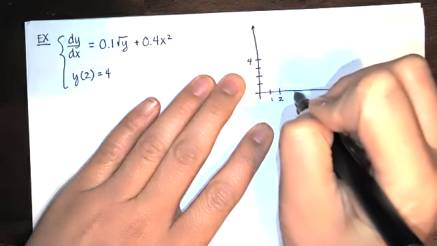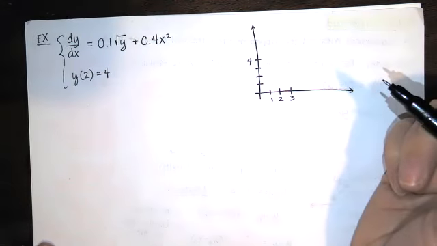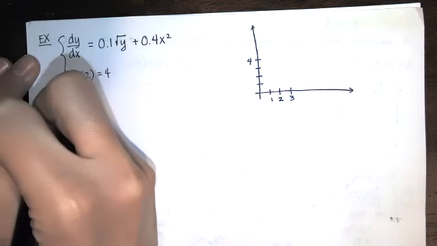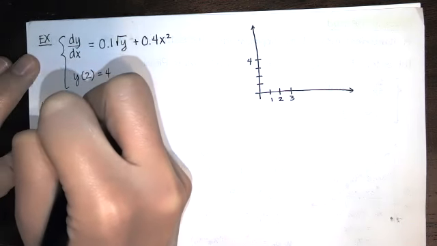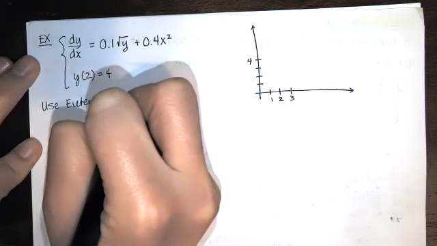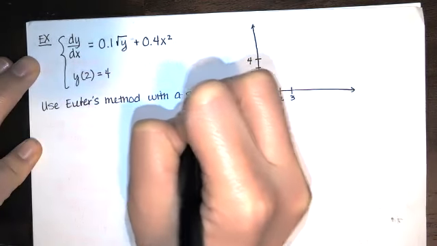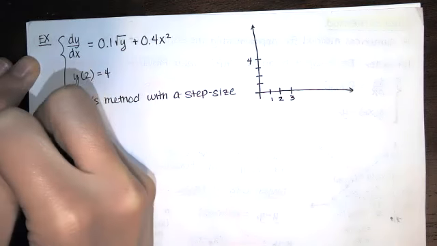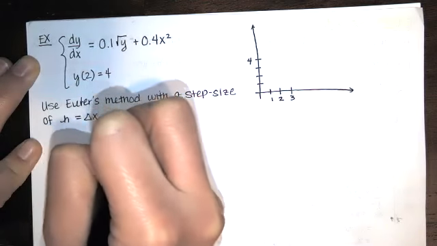And we will use this method to approximate y at 2.5. So maybe the problem statement says, use Euler's method with a step size of h, or delta x, equals 0.1.